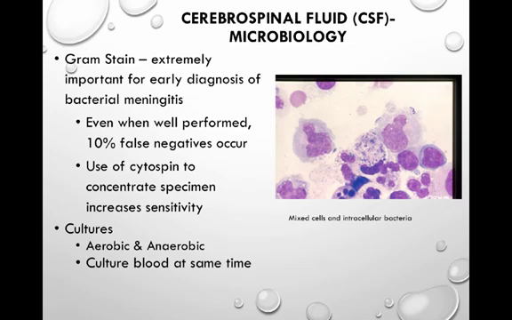All smears should be performed on concentrated cytospin specimens because, again, only a few organisms are present at the onset of disease within the cerebrospinal fluid. Even with concentrated specimens, at least a 10% chance exists that gram stain will be reported as negative. So cultures are done in conjunction. Cultures are always set up at the time gram stain is performed.